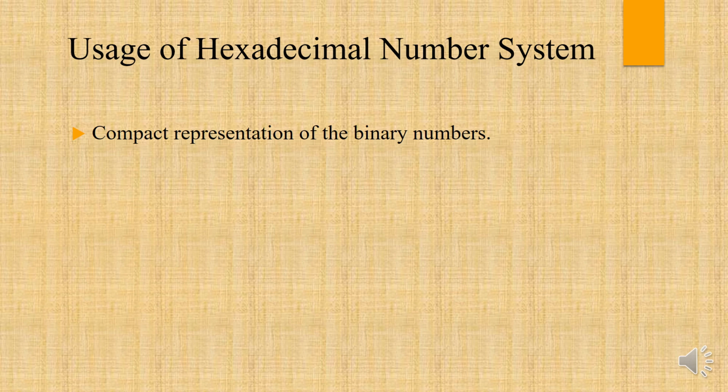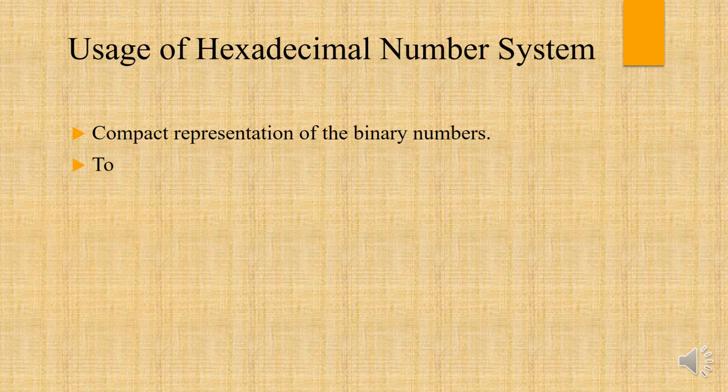That is why the hexadecimal number system came into the picture for the compact representation of binary numbers, right? So this use is the same for the octal number system and the hexadecimal number system, right? Basically this point we have studied in the previous session also.